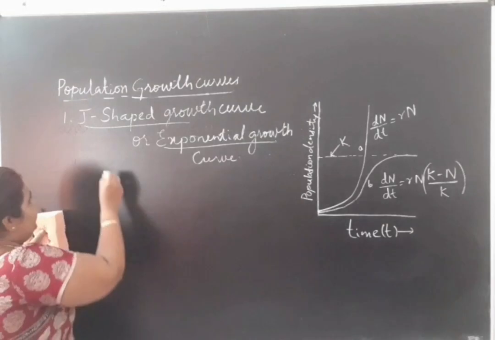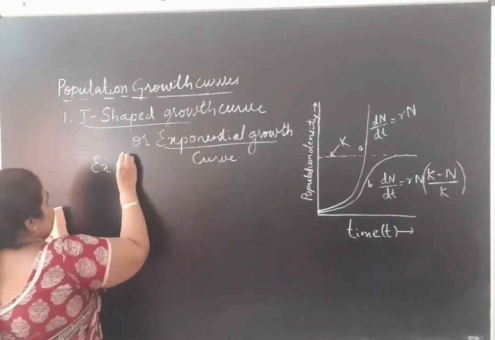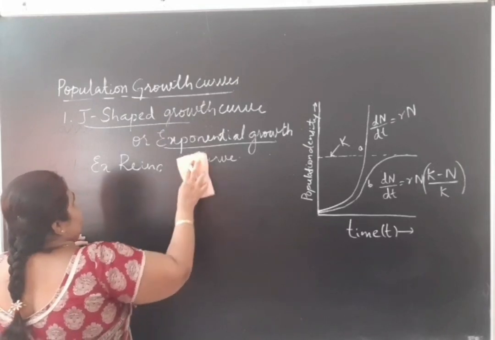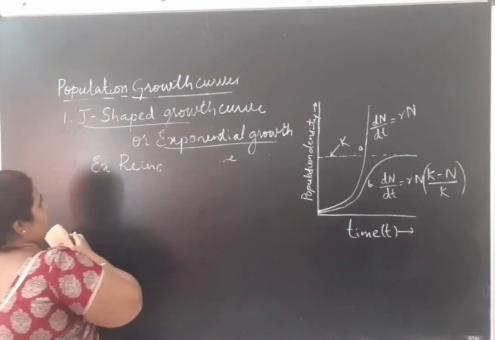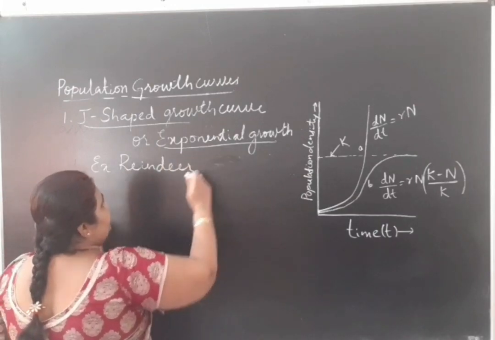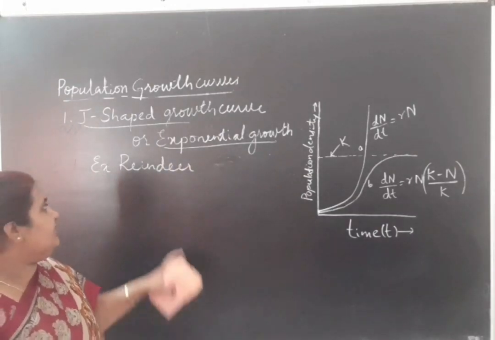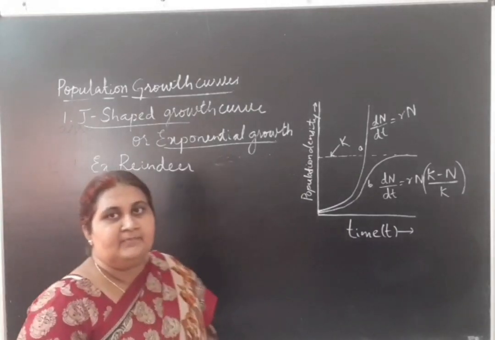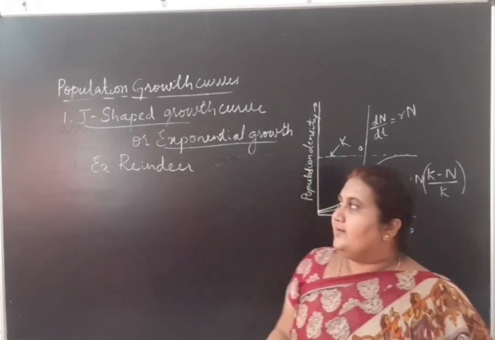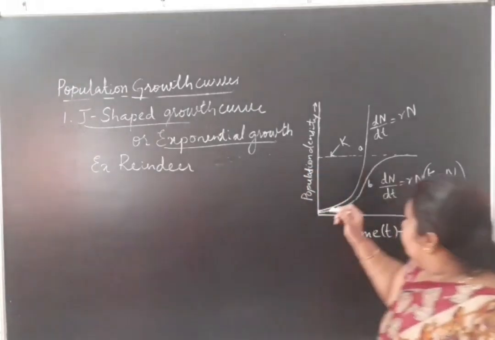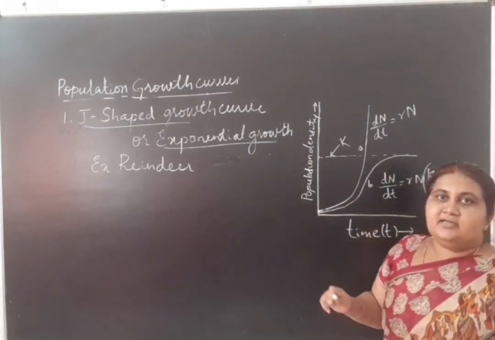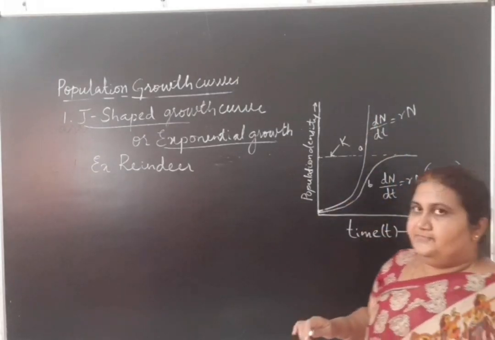For example, reindeer experimentally reared in a new area show this J-shaped growth curve.